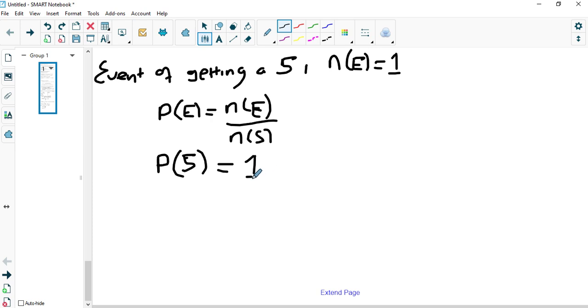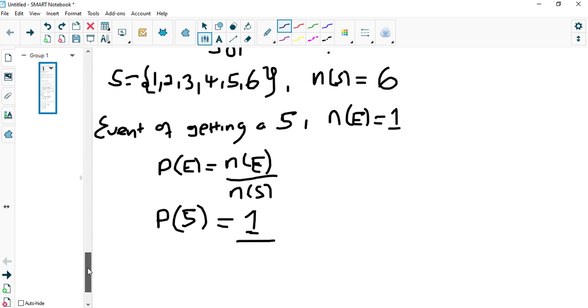Then you divide it by the total number of outcomes in the sample space, which is number of S, which is 6. You don't need to leave it in decimals, just leave it as your answer. So the probability of getting a 5 should be equal to 1/6.